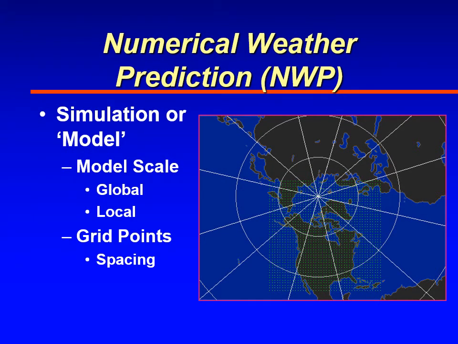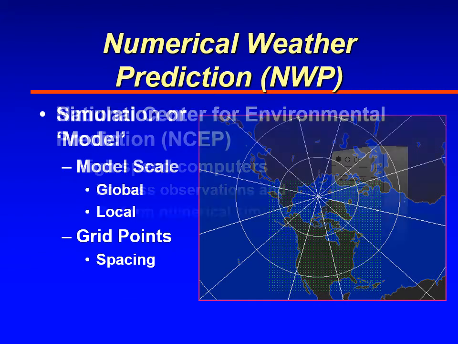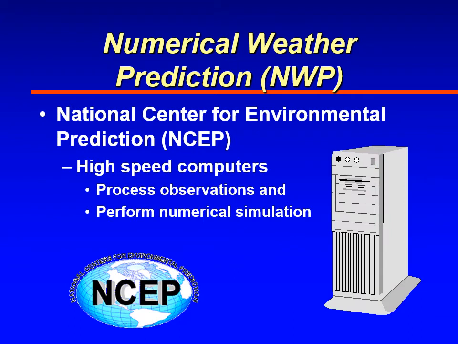These simulations can vary in size from a global scale all the way down to a very small local scale. And likewise, we can change the spacing between the grid points that we calculate variables for. Most of the models that are used for forecasting across the United States are run at the National Center for Environmental Prediction.